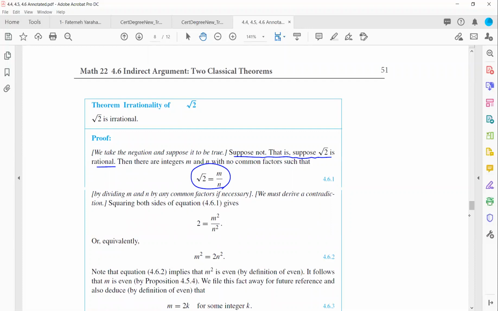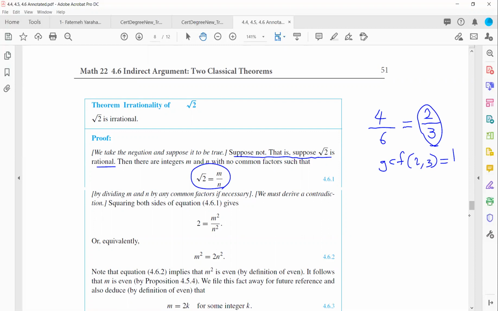So suppose this fraction is in reduced form. What do I mean by that? Suppose I have 4 divided by 6. I can reduce this to 2 over 3. Reduced form. The greatest common factor of 2 and 3 is equal to 1.